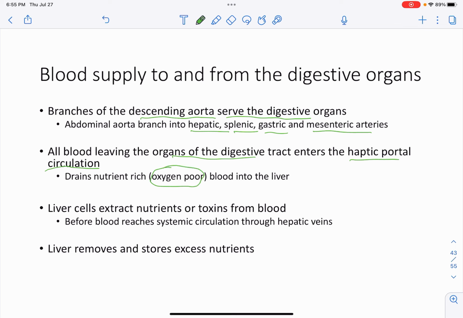But when it runs through the digestive organs, it actually is nutrient rich. So yes, it's oxygen poor, but it's full of nutrients that it's picked up from all the food that we've eaten. And it's going to deliver that blood to the liver so that the liver can store all those nutrients. So what's going to happen is the liver cells, those hepatocytes, are going to extract those nutrients as blood flows through the liver. So let me show you this in a picture.